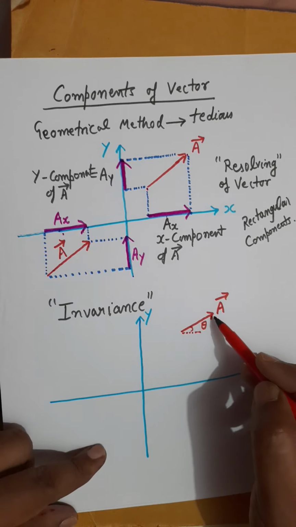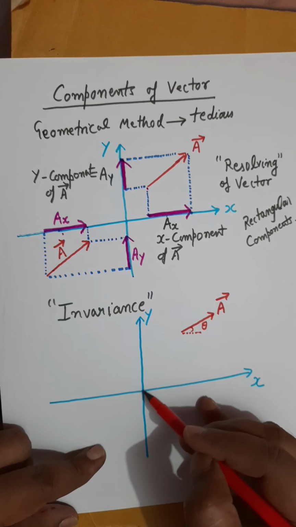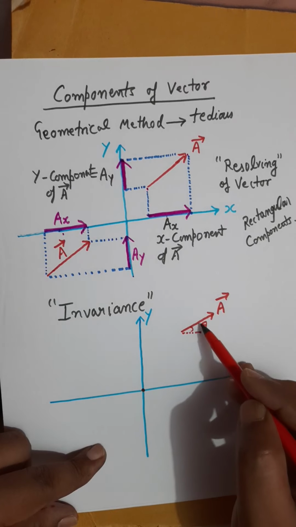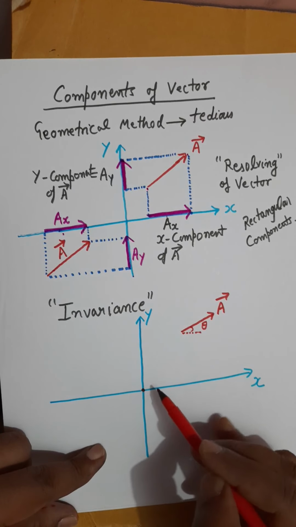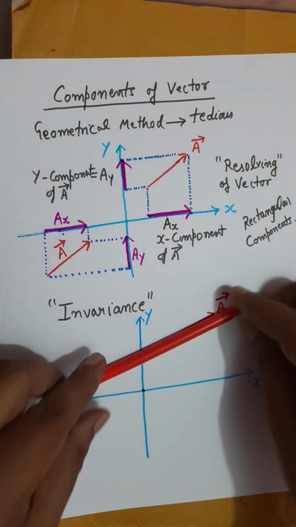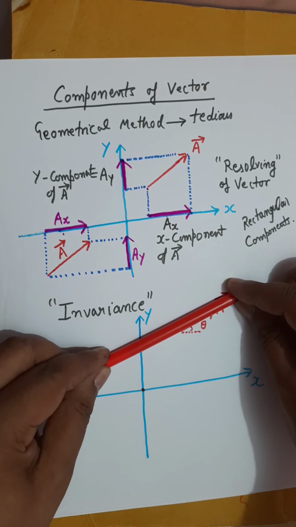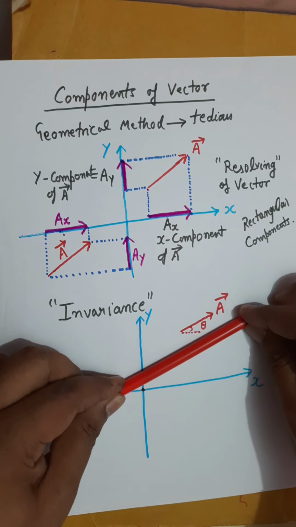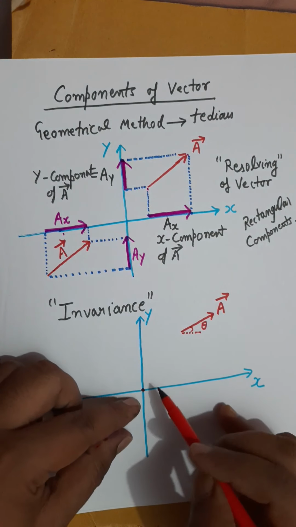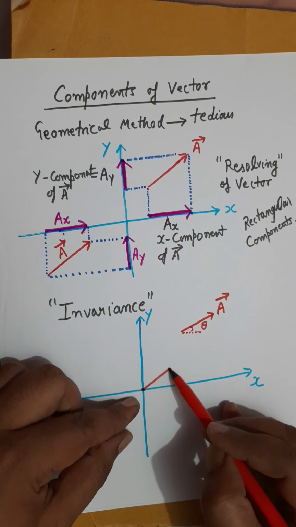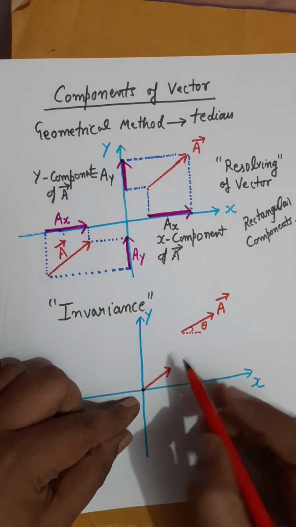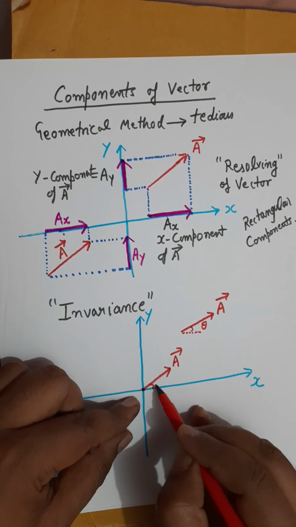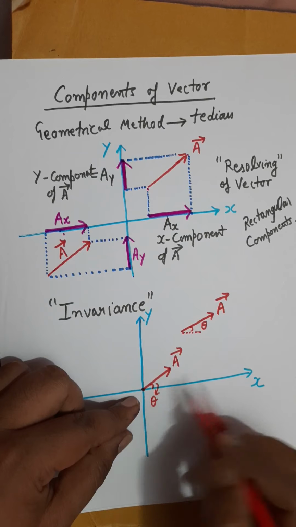I will slide our vector till it is at the origin of the coordinate system. But remember, during sliding, you should not rotate it. So keep the vector parallel to itself and bring it to the origin. So we shifted our vector A without rotation, and that means this angle is again theta.